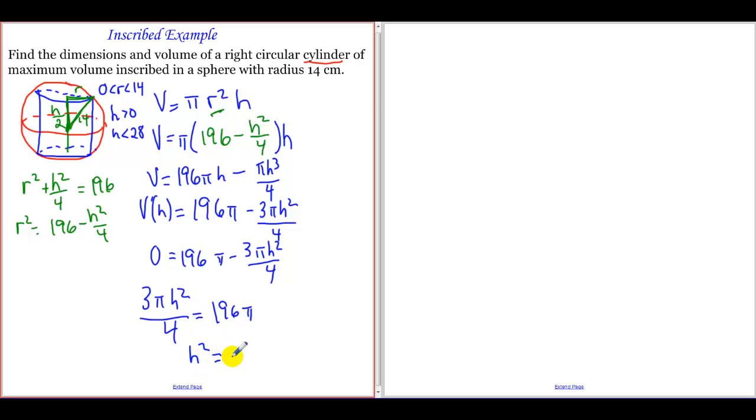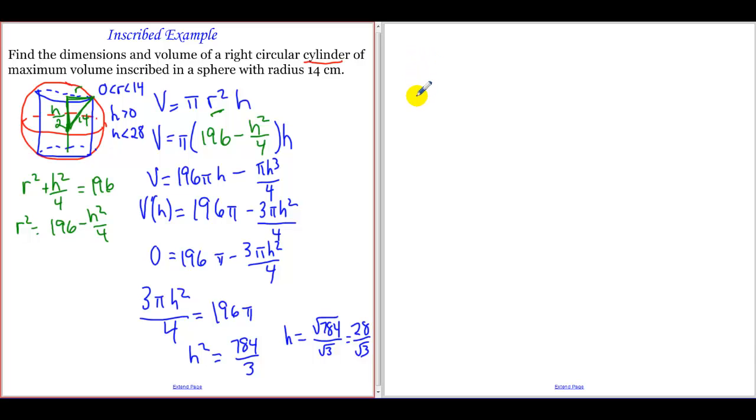So h squared, simplifying all that out, is 784 over 3, which means that h is going to be plus or minus root 784 over root 3, which works out to be 28 over root 3. Now I need to verify that that's a maximum.